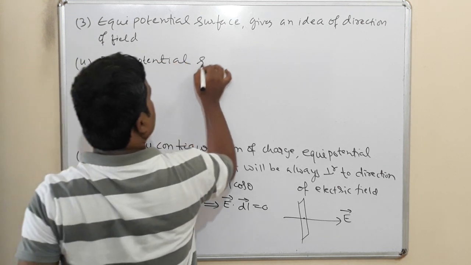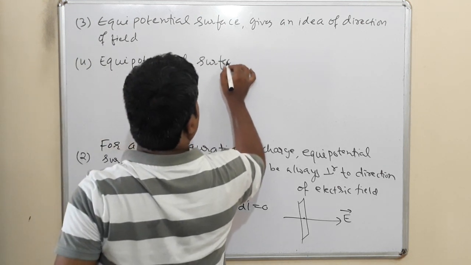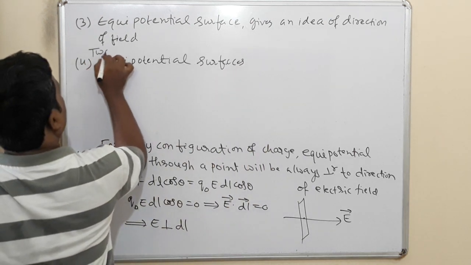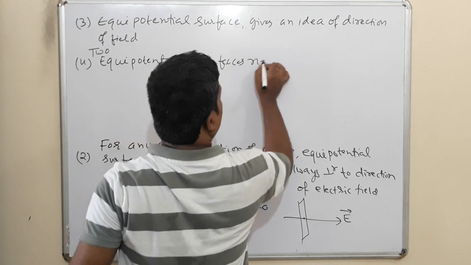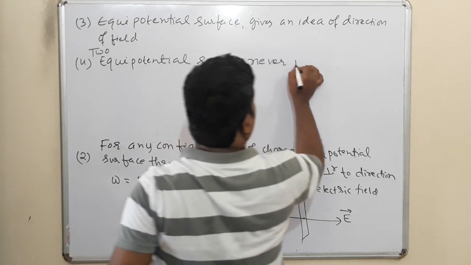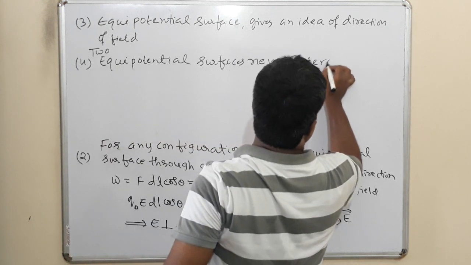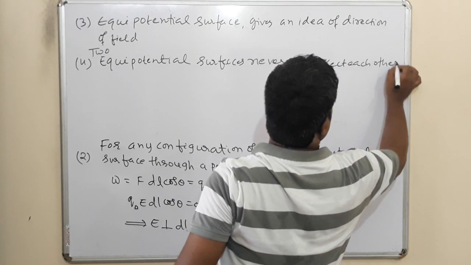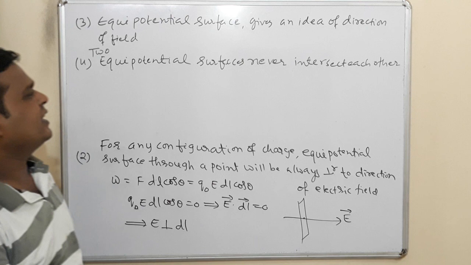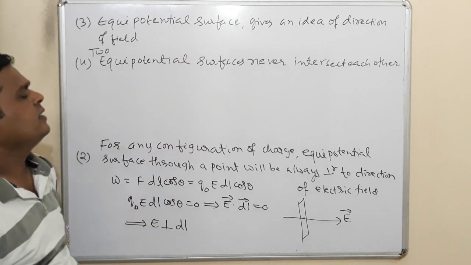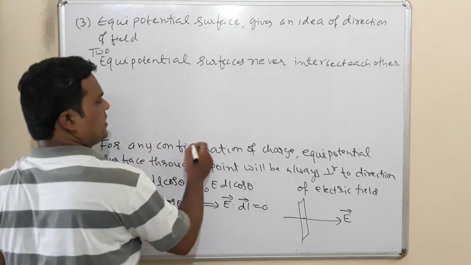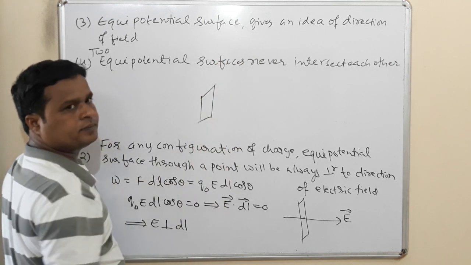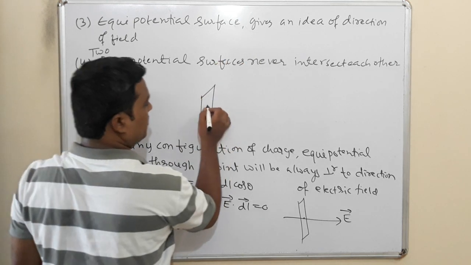Two equipotential surfaces never intersect each other, because the field gives the direction of the electric field. Suppose this is an equipotential surface, and this is the direction of the electric field.